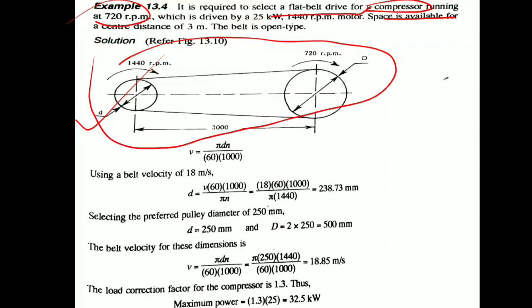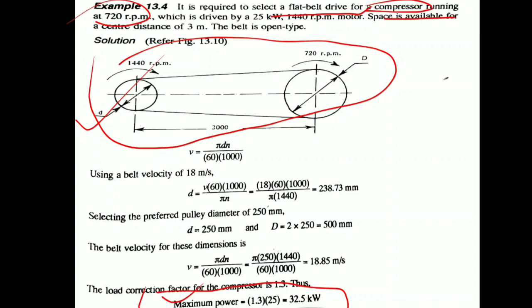Now the first step, very simple, we must find out the velocity first, because we need to find kW max, which is equal to FA into kW. So this formula I will have to fulfill. How? First of all, I will calculate velocity. Velocity is equal to pi dn by 60 into 10 raised to 3.